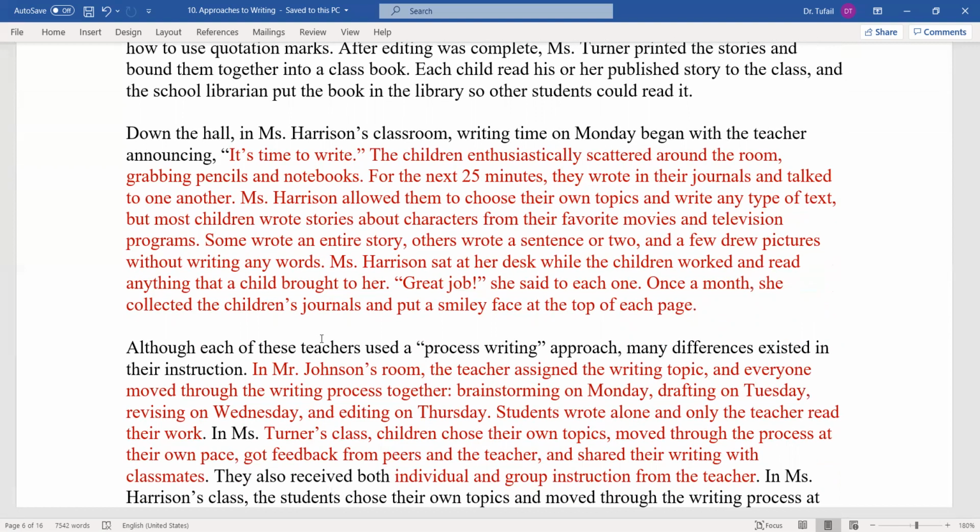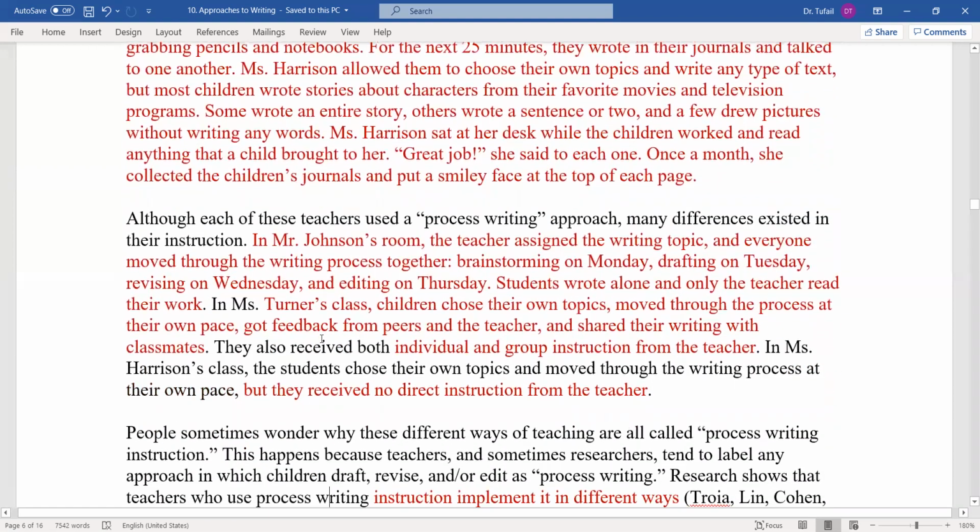But most children wrote stories about characters from their favorite movies or television. Every student is writing, sharing, giving their paper to their friends and getting feedback and giving feedback, and the teacher encourages them with "great job," etc. They keep writing and improving over a period of time, and ultimately the draft becomes final.